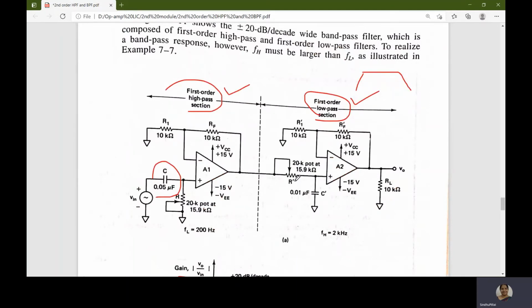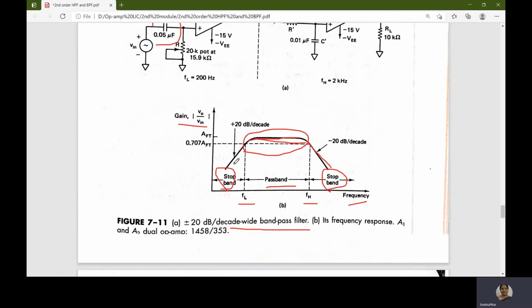Since we had seen the response of the band pass filter, where the gain increases, becomes constant and then decreases, this characteristic can be obtained by cascading a high pass filter and a low pass filter, both of first order. So the response is shown here, and the band pass filter has two stop bands and one pass band.